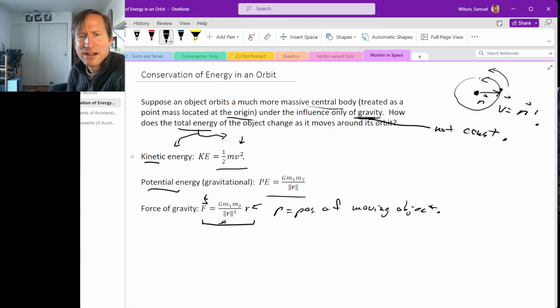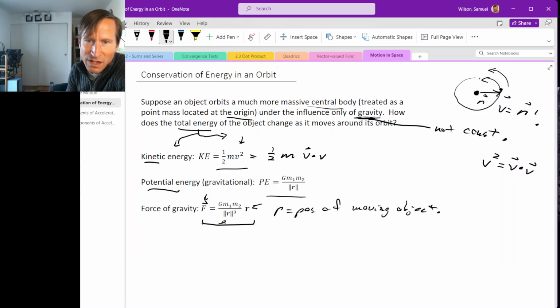Well, this is a shorthand that physicists use. If they have a vector valued quantity in general, when they square it, what they mean is the dot product of that vector with itself. So let's write that out. Kinetic energy is actually 1/2 m times v dot v. If you have a vector quantity, the corresponding scalar is the magnitude of the vector. That's usually what physicists mean.